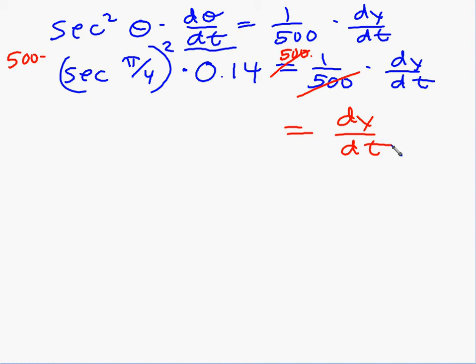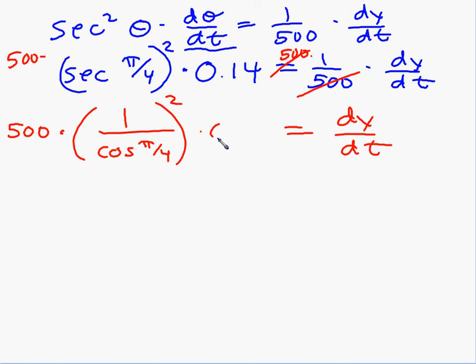Now I've just got a little bit of algebra work. I have 500 times, what is secant? Isn't it 1 over something? It is 1 over the cosine of pi/4, that whole thing squared, times 0.14.